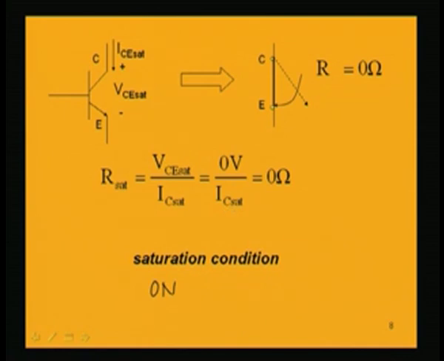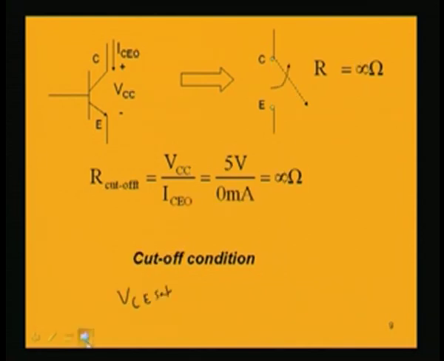And in the other case, in cutoff, even if ICEO is not 0 milliampere, say 10 microampere, still this value of resistance will be very high, almost like infinite.